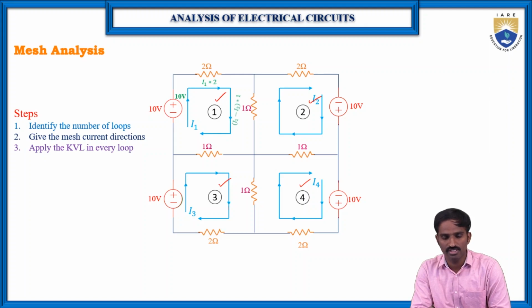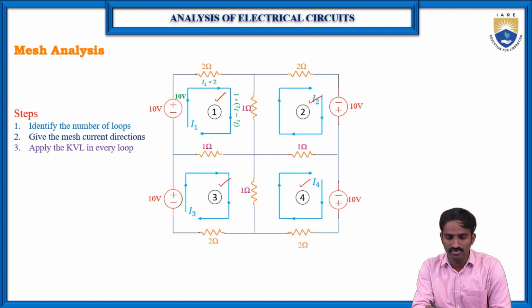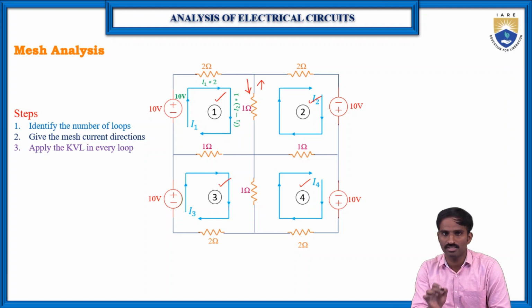But here, as you can see, it is I1 minus I2 into 1, because I1 is in this direction and I2 is in the opposite direction to the reference current direction. In the previous example it was I1 plus I2 because I1 and I2 were in the same direction.